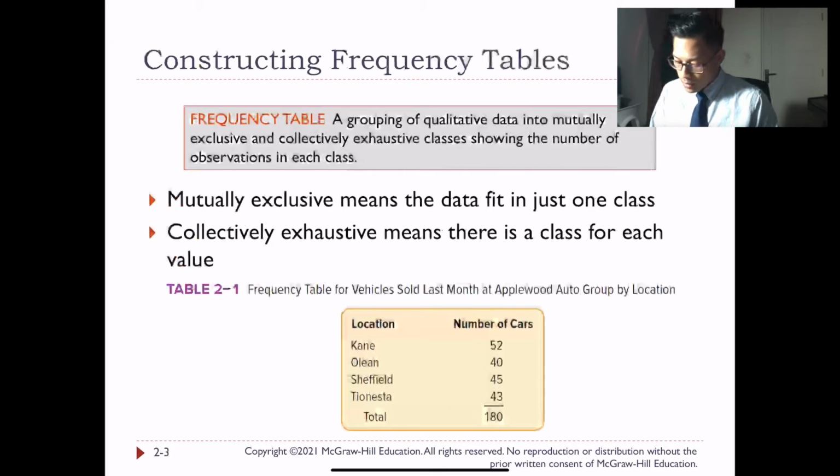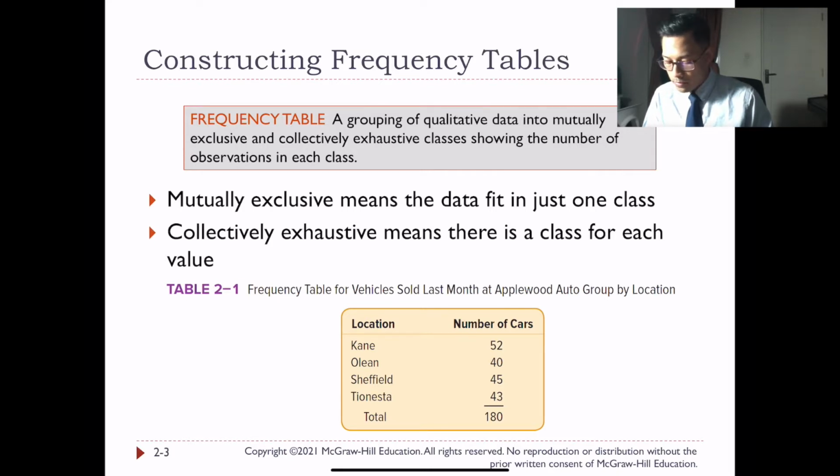Okay. So I'll give you an example in this Table 2.1. It's the frequency table for vehicles sold last month at Applewood Auto Group by location. There are 4 locations: Kane, Olean, Sheffield, and Tionesta.